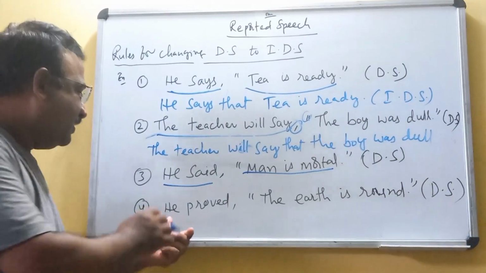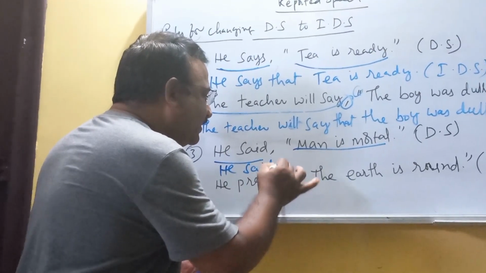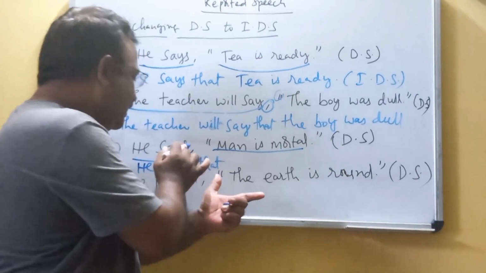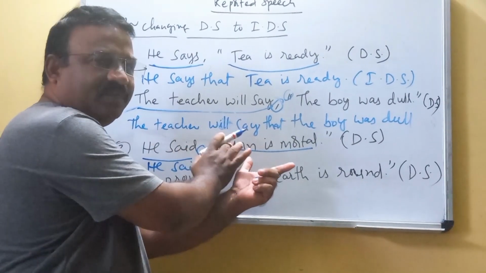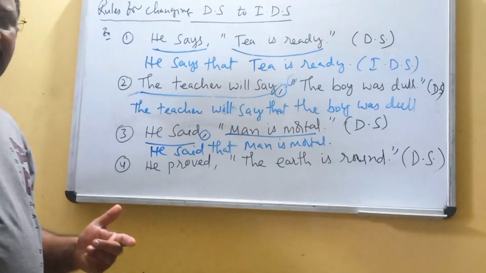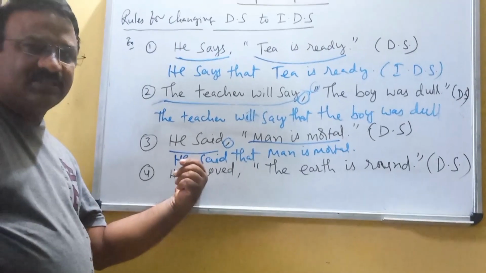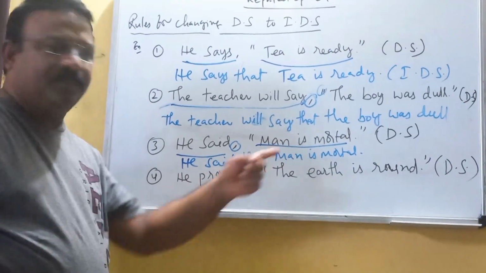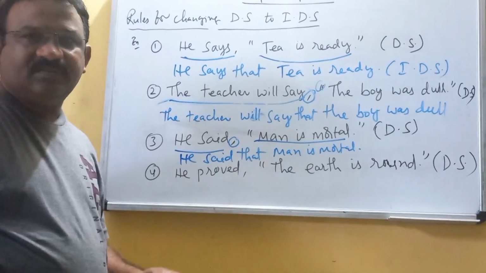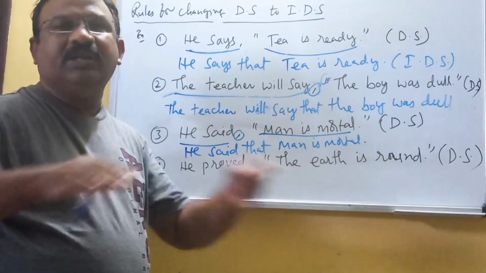So, he said that man is mortal. Remove the comma, remove the inverted commas. Generally, when the reporting verb is past tense, you have to change that tense, but here it is a universal fact, so it will be unchanged.